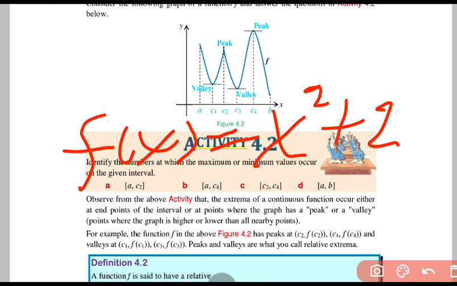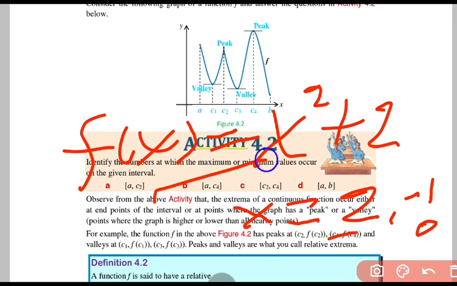When x equals 2, also minus 1 is good, minus 2 is good, 0 is good. Let's plug in these numbers in this function. 2 squared is 4. 4 plus 2 is 6.